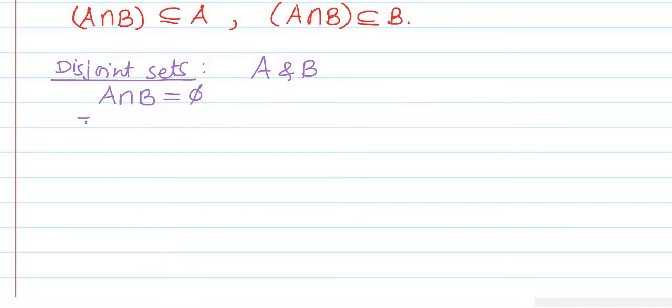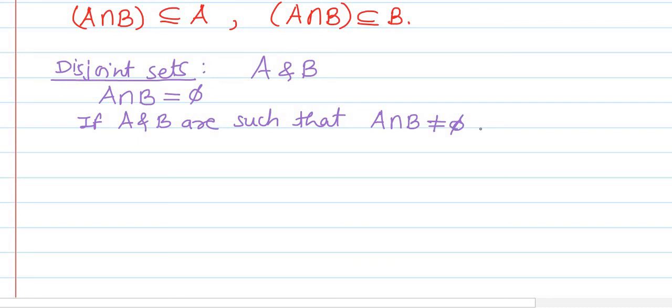Now, if the sets A and B are such that their intersection is non-empty, meaning A intersection B is not equal to phi, then we say that A and B are non-disjoint.